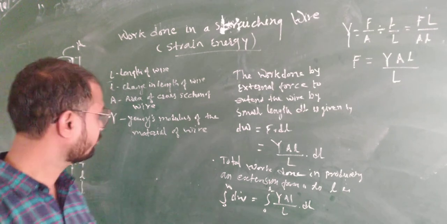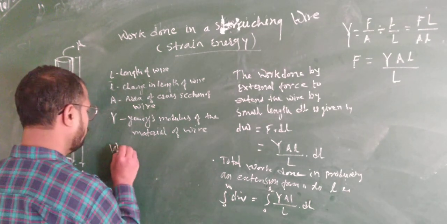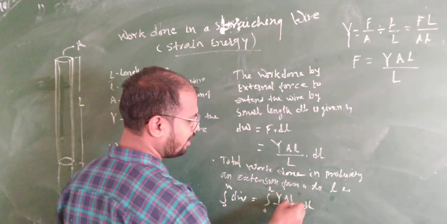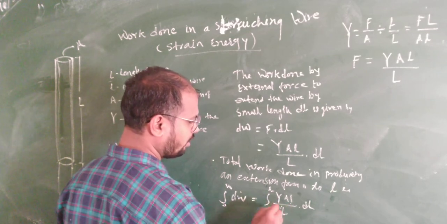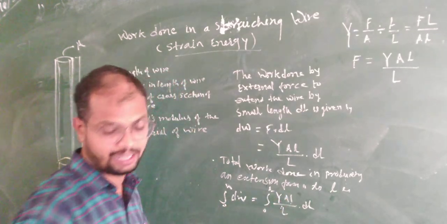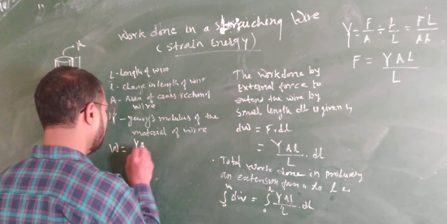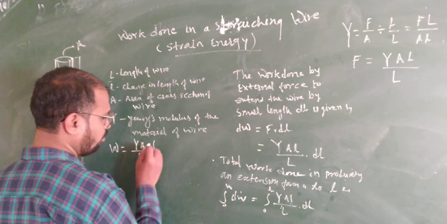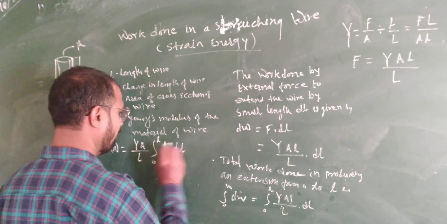So here the total work done W is equal to Young's modulus, area, small l, that is the change in length, upon the total length, that is L. Y, A and capital L are constant, so they come outside the integration. So integral from 0 to small l of l into dl.